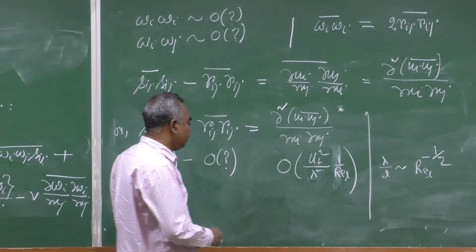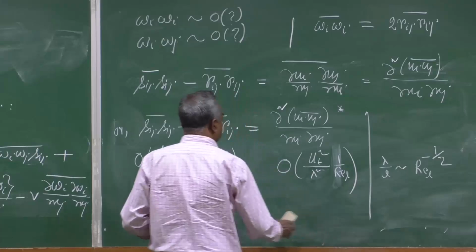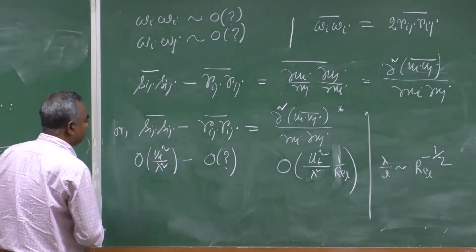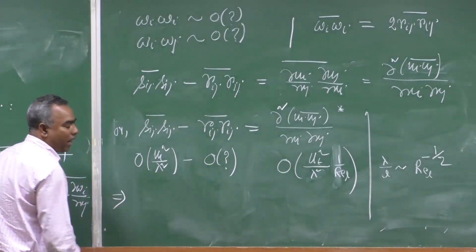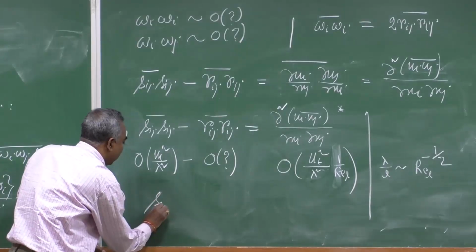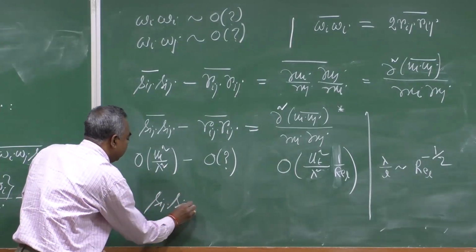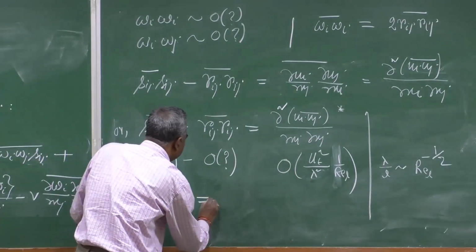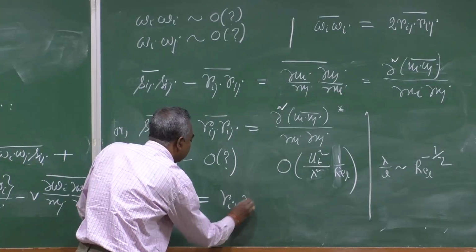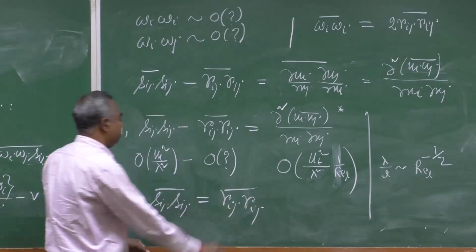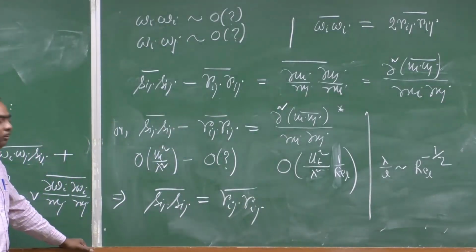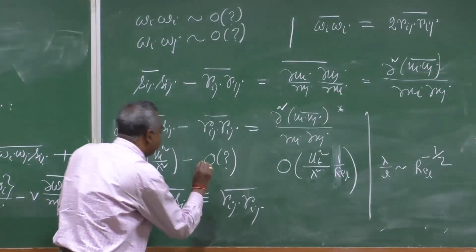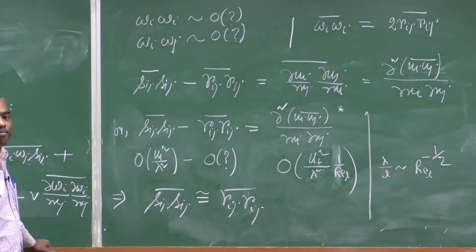So, in that case from this equation it implies that S_ij bar equals R_ij bar, okay, on an approximate basis, please do understand.